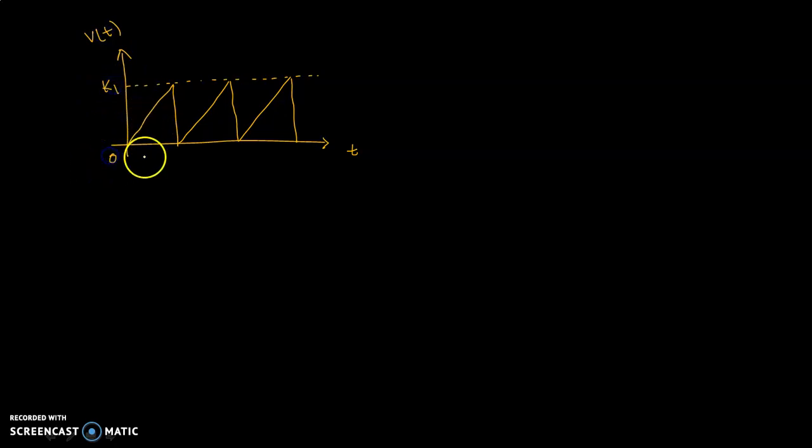This is your origin, this is T, this is 2T, this is 3T. The time period is T, as is obviously seen from the diagram, and the maximum value is K1.